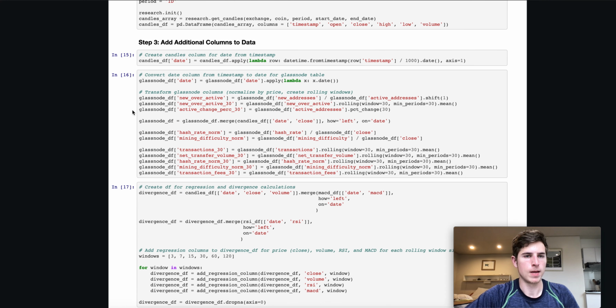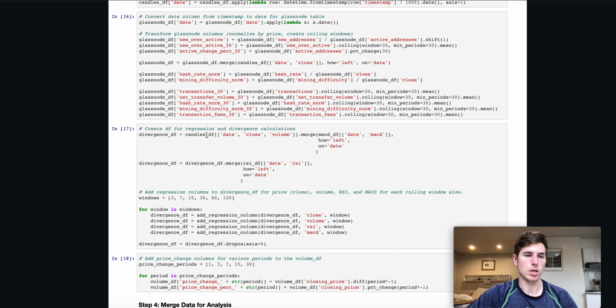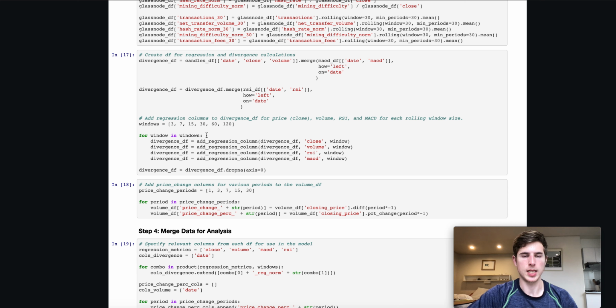And then I needed to add some additional columns. So this is feature engineering, things like, okay, we've got our transactions, but maybe what we want to do is look at transactions over a 30-day period rather than just the transaction fees for a single day. So I need to do a rolling calculation of that, for instance. Probably want to do that with some other Glassnode metrics as well. There's all sorts of feature engineering that needs to happen.